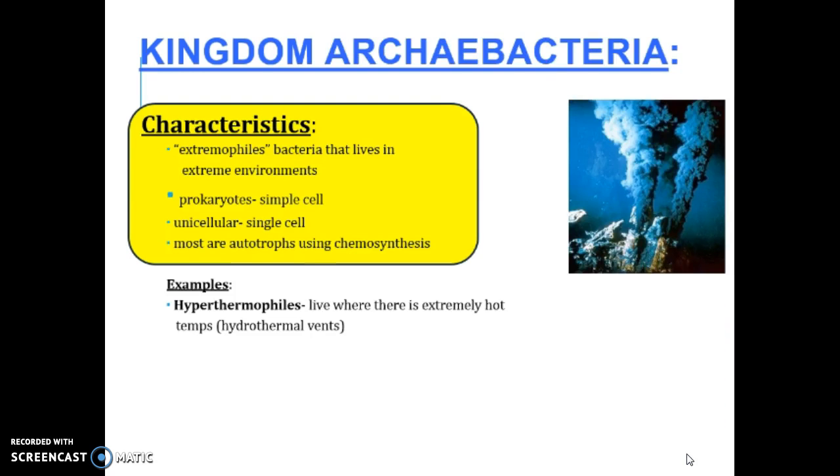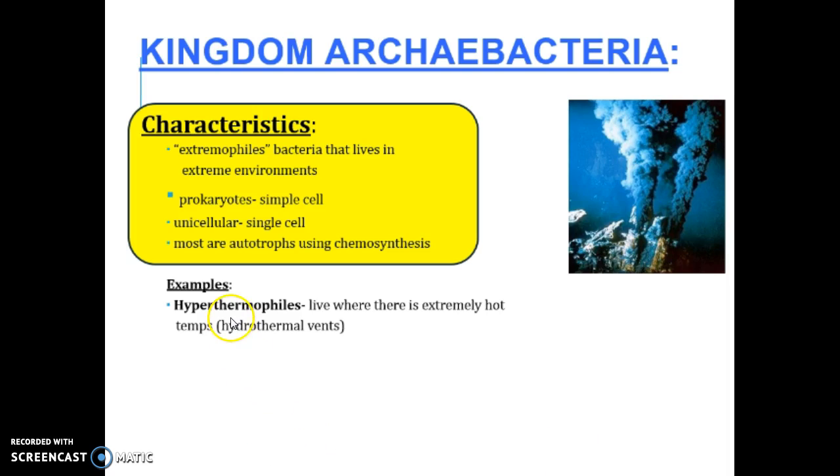Next one, Archaebacteria. These are some of my favorite ones, the extremophiles, the ones that live in extreme environments. An example here is hyperthermophiles. Personally, I like the hyperthermophiles the best out of all of these.